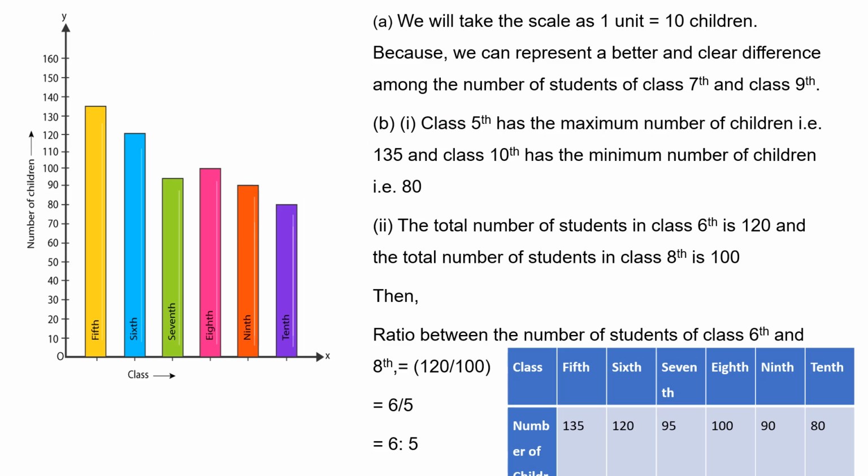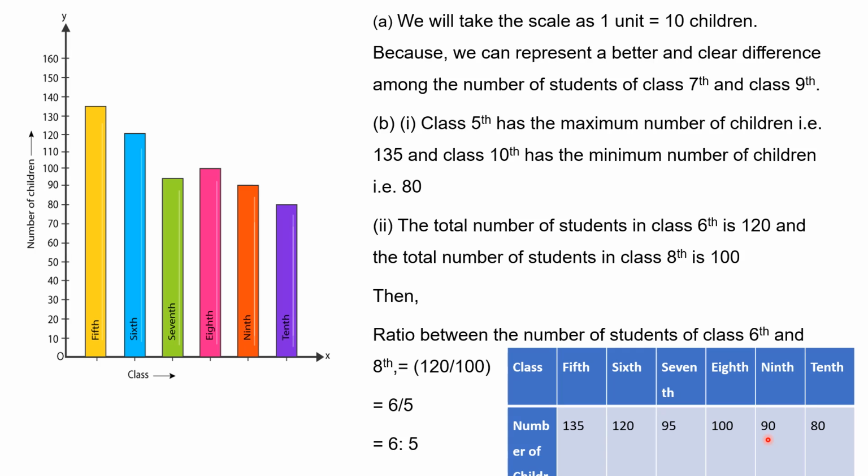As you know how to draw a bar graph and how to select the x-axis and y-axis, I am directly taking this sum. First, how would you choose a scale? We will take 1 unit as 10 children, because here 7th and 9th are 95 and 90 students, so we can clearly show these different numbers.